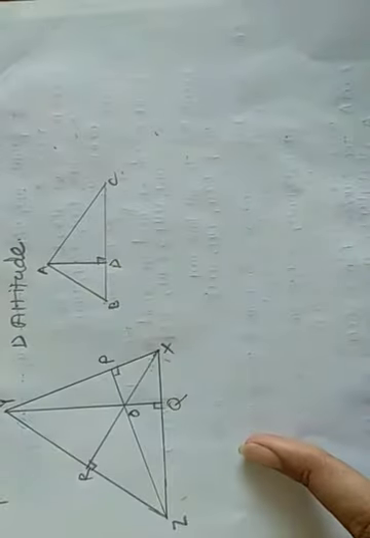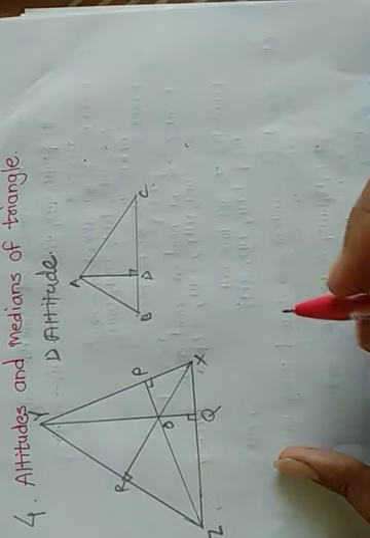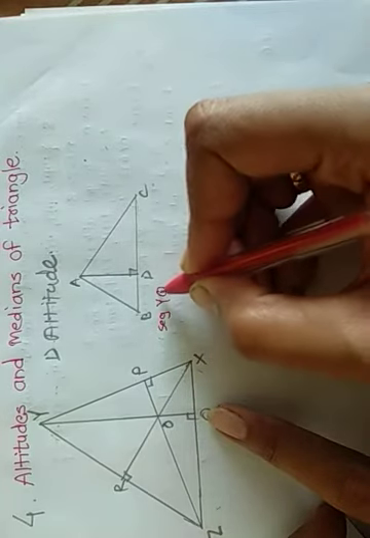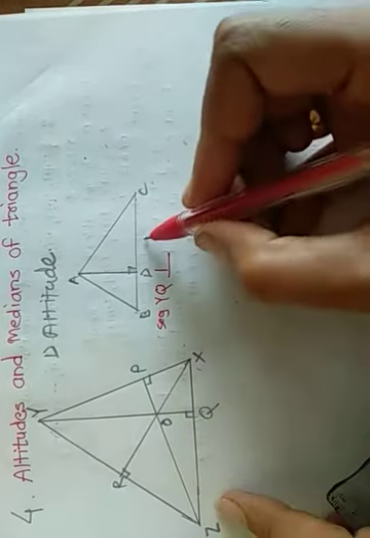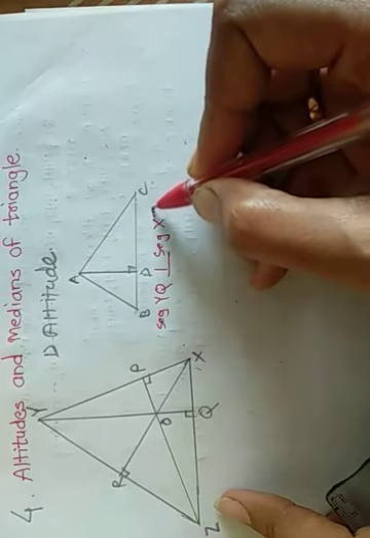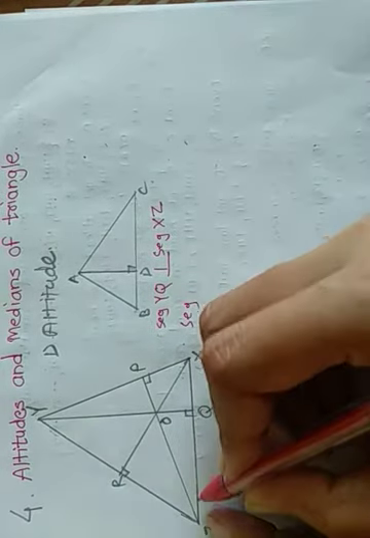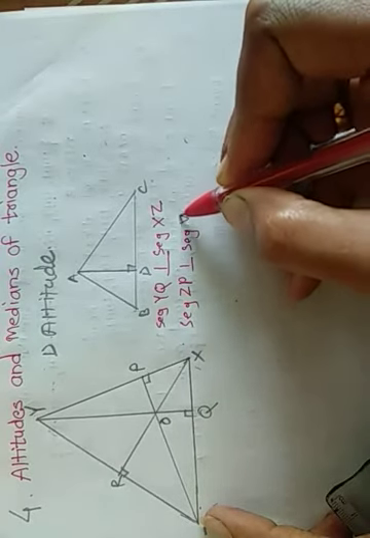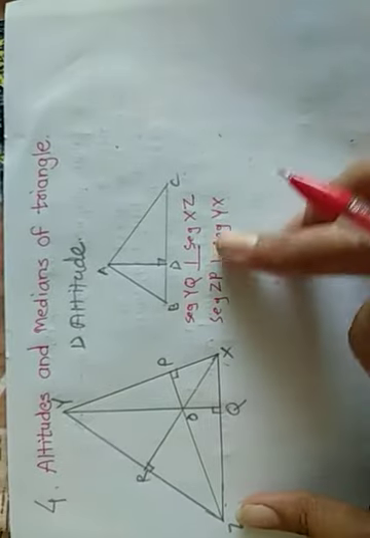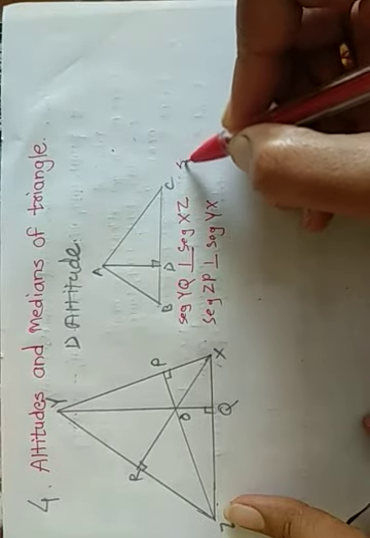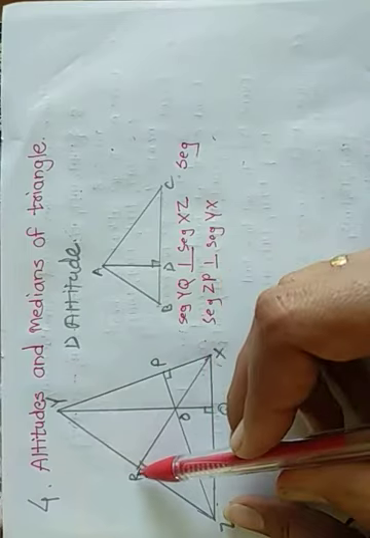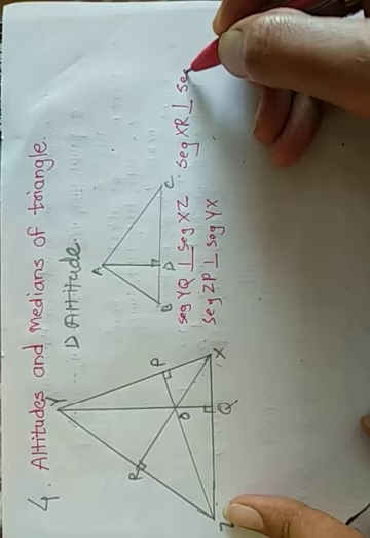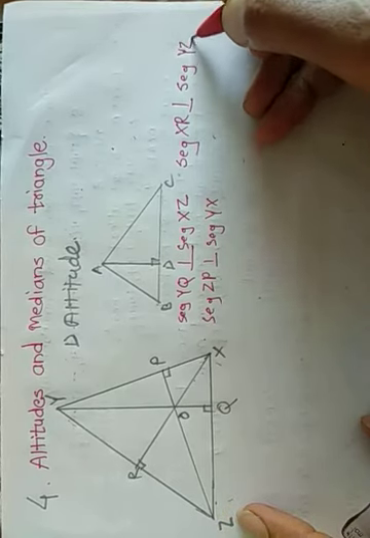Here segment YQ is perpendicular to segment XZ, segment ZP is perpendicular to segment YX, and the third, segment XR is perpendicular to segment YZ.